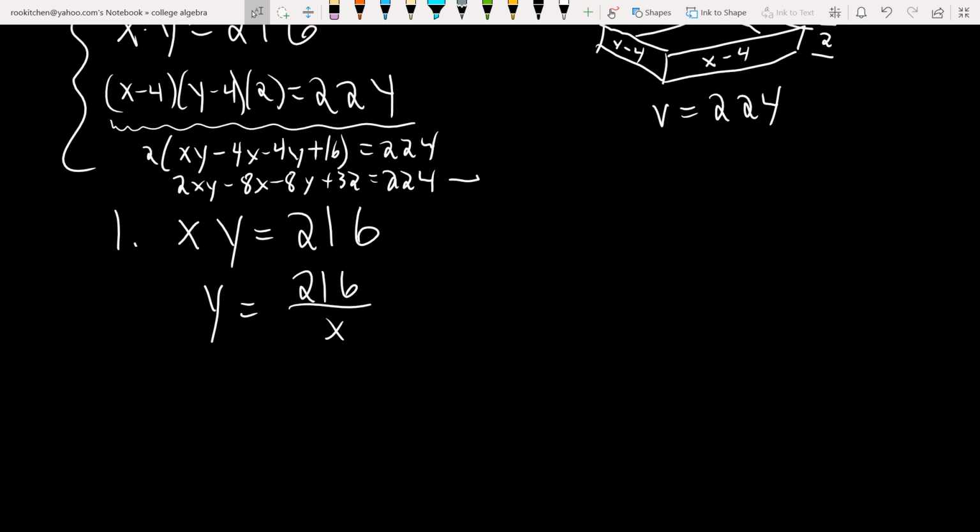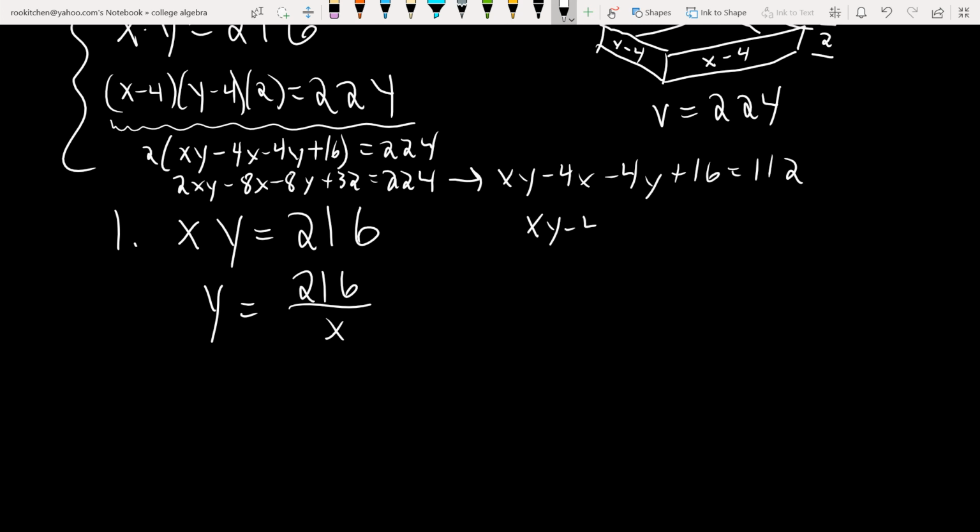I'm going to divide everything by 2, so you get xy minus 4x minus 4y plus 16 equals 112, and then move the 112 over, and you're going to get negative 96.